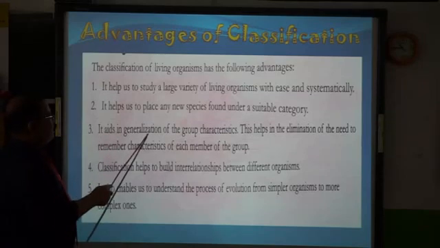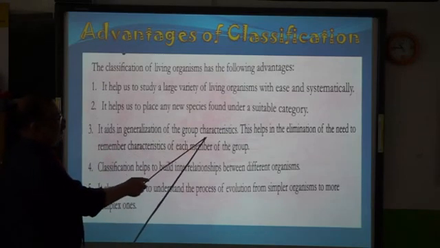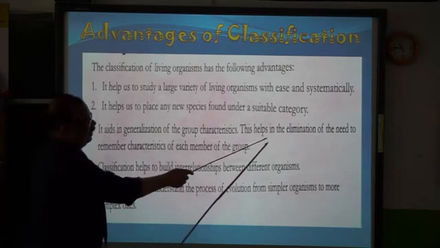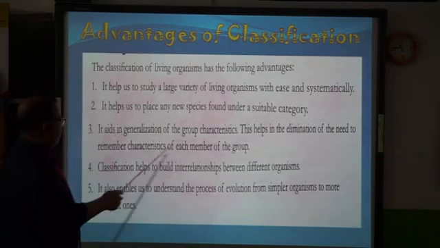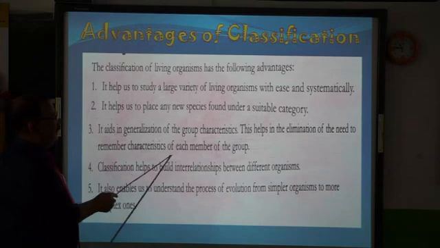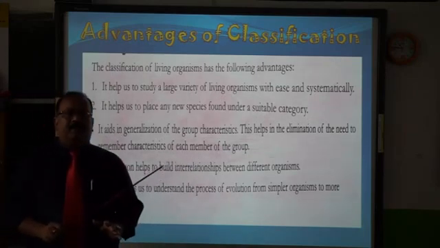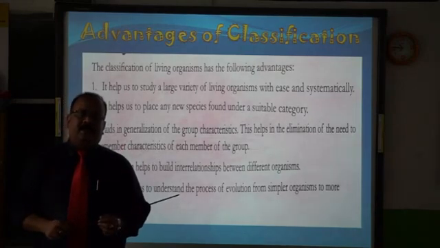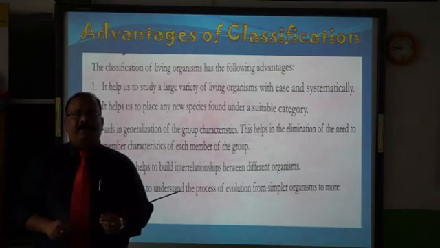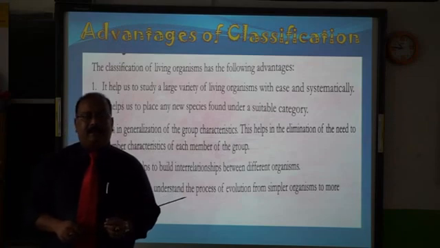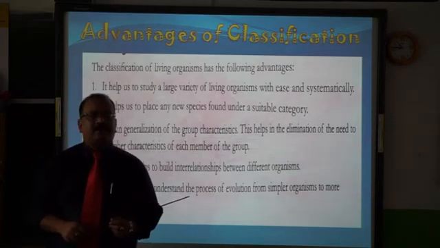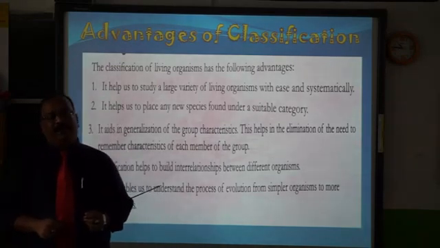It aids in generalizing the group characteristics. This helps in eliminating the need to remember the characteristics of each member of a group. Just imagine, in one group, say there are 50 organisms. All of them have similar characteristics. So you need not study all the 50.